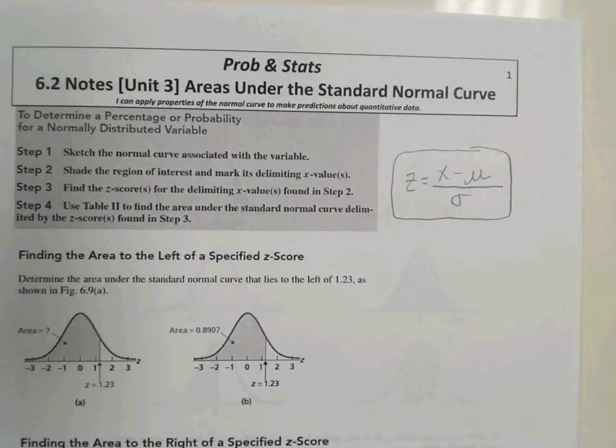Step 3, find the z-scores for the delimiting x values found in step 2. Step 4, use table 2 to find the area under the standard normal curve delimited by the z-scores found in step 3.